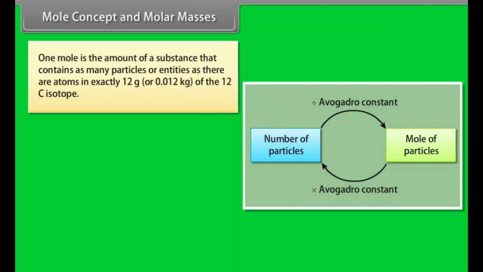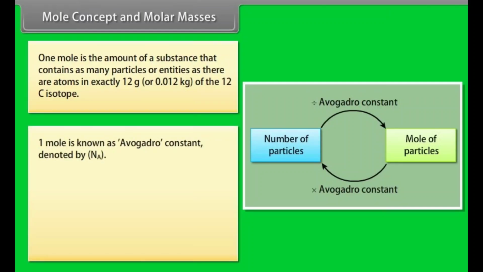Mole concept and molar masses. 1 mole is the amount of a substance that contains as many particles or entities as there are atoms in exactly 12 gram or 0.012 kg of the carbon-12 isotope. The number of entities in 1 mole is known as Avogadro constant, denoted by NA.